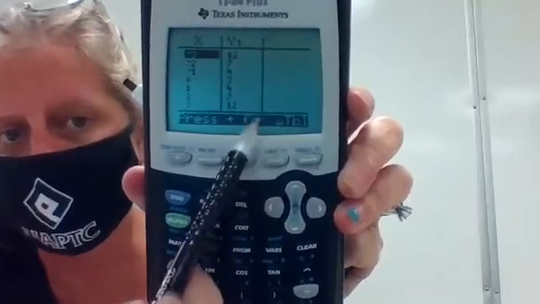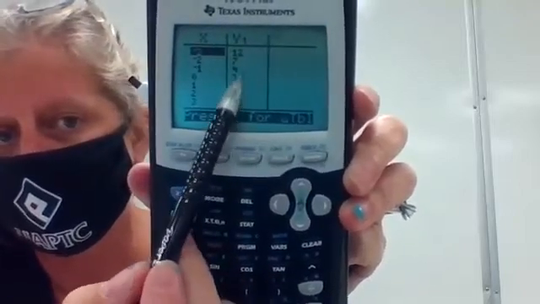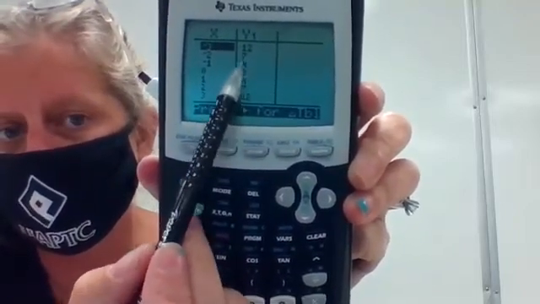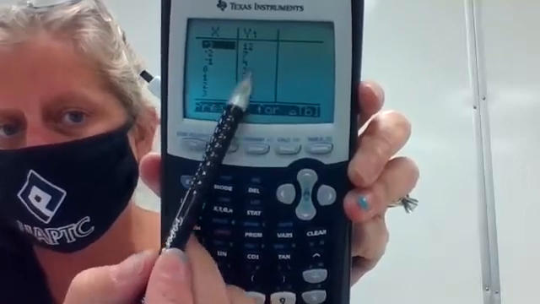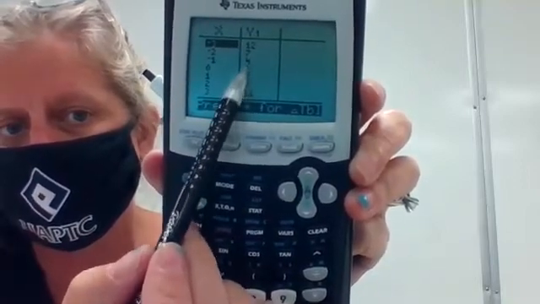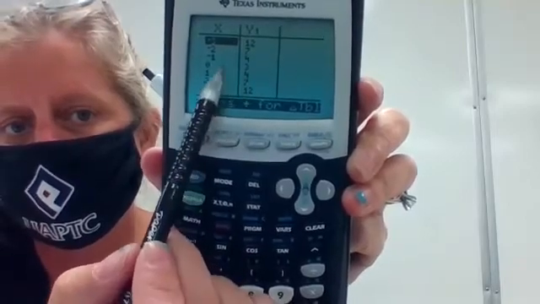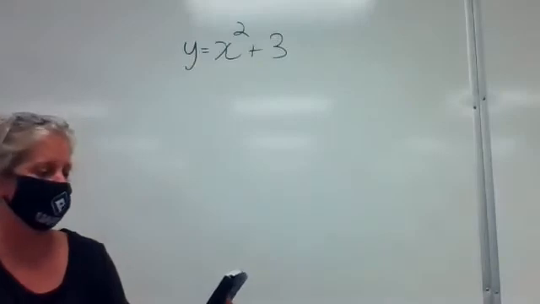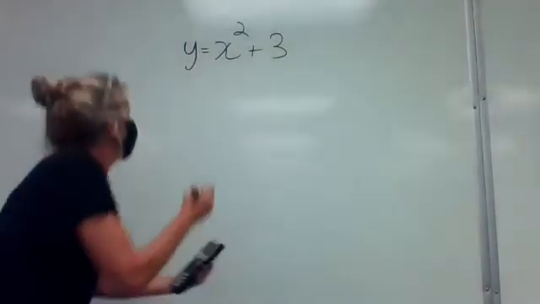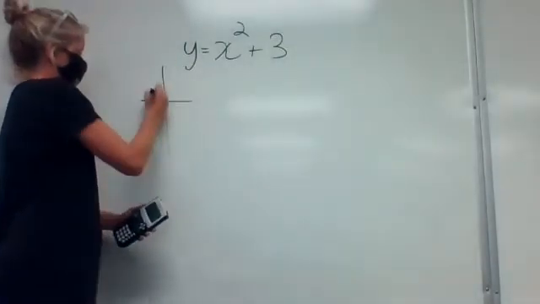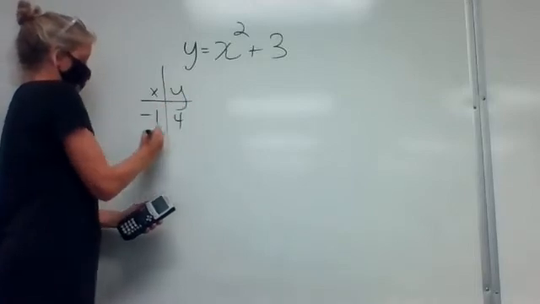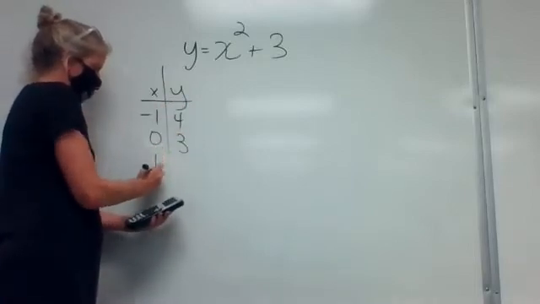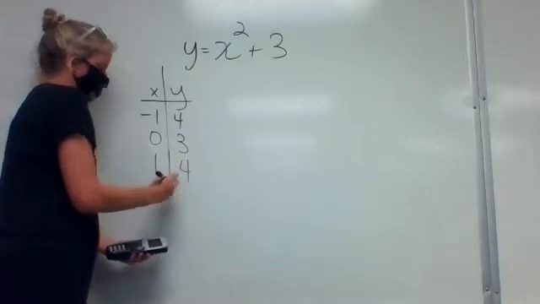So again, here's what I like to see happening. These y's being the same. So I'm going to plot these 3 points where I can start to see the mirroring. Okay, so these 3 points are what I'm going to plot. So I'm choosing to plot -1, 4, 0, 3, and +1, 4.